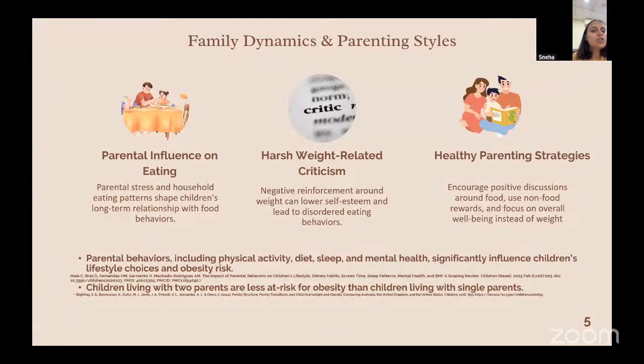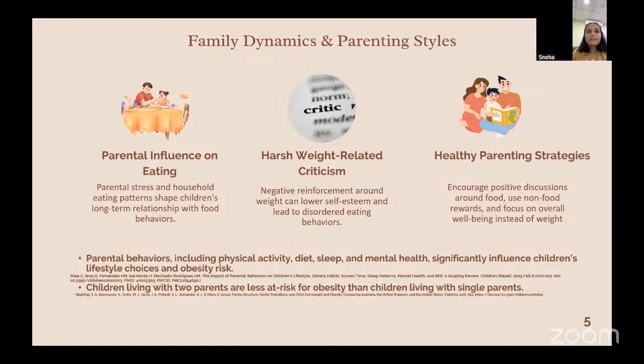Next slide. The family dynamics and parenting styles. The first thing that we do, especially when a child younger than 12 years old comes to us, is we start working on the family. Because the family has the most important influence on the children, and only if we can change the family's food habits can we make some improvement with the child.